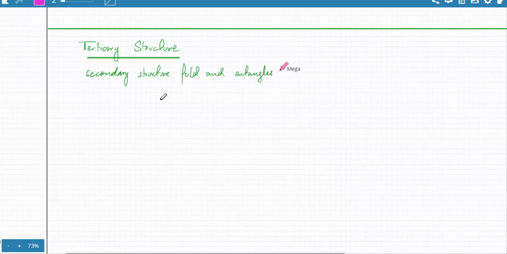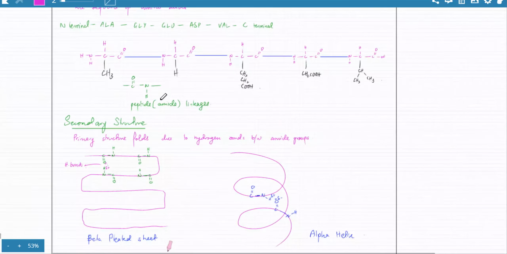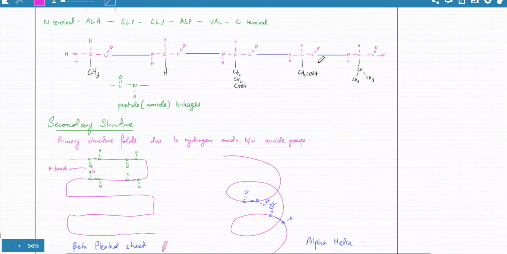So your secondary structure folds and entangles because of R groups, because of interaction. So you had all these R groups coming in, which we initially did not care about. Like you had a carboxylic acid, you had carbon chains, you had another carboxylic acid. So you have all sorts of things in the R groups.